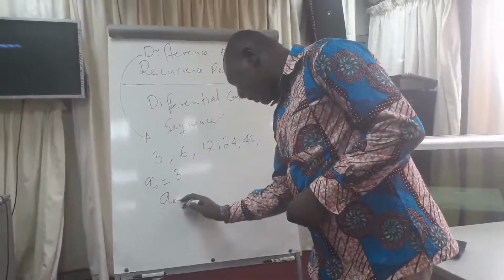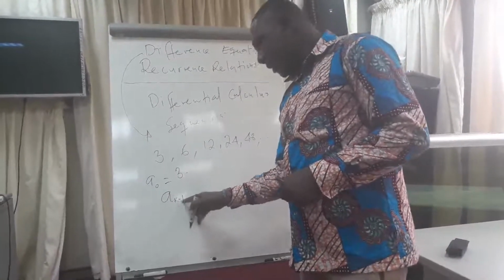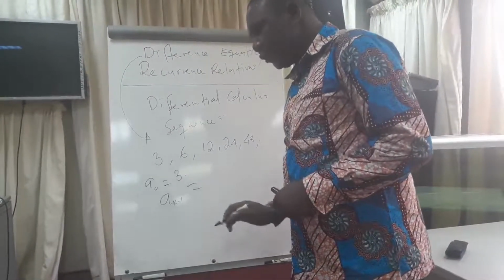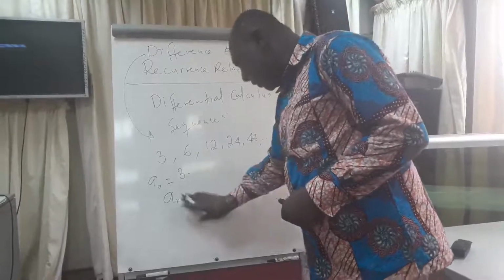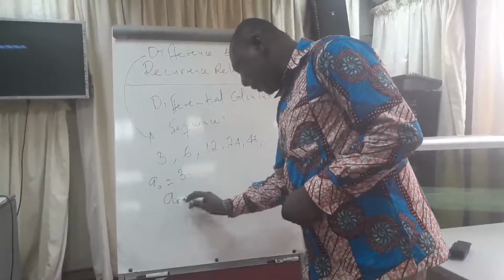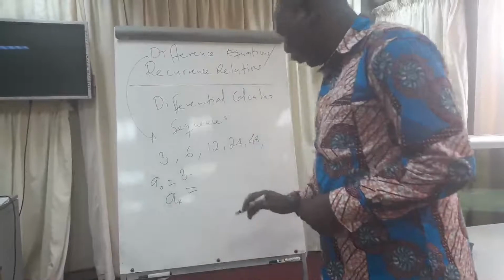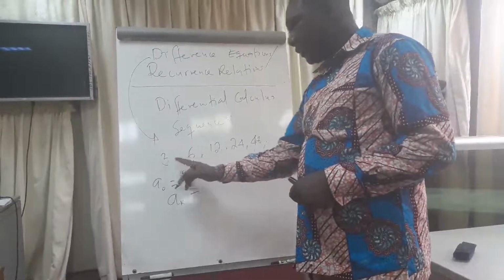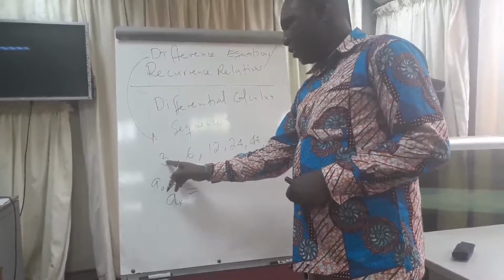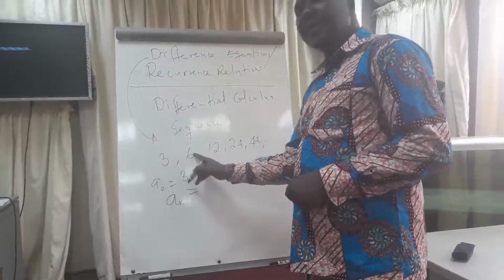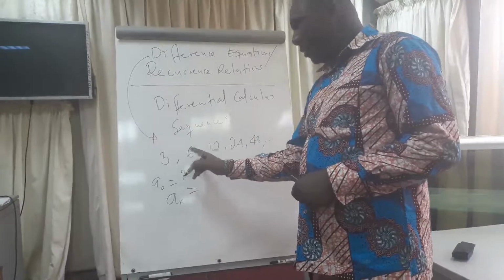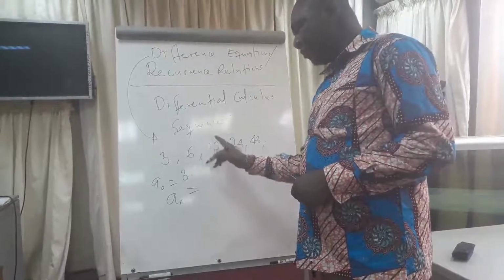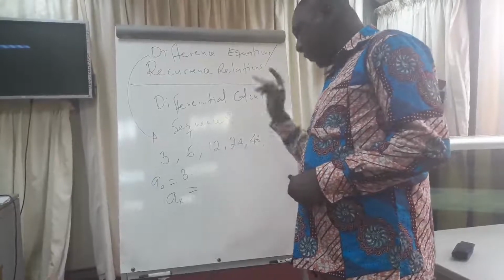A subscript k is equal to, if you look at it, we are multiplying. If you multiply 2 by 3, you get 6. If you multiply 2 by 6, you get 12. If you multiply 2 by 12, you get 24.